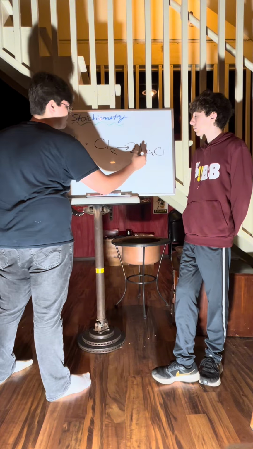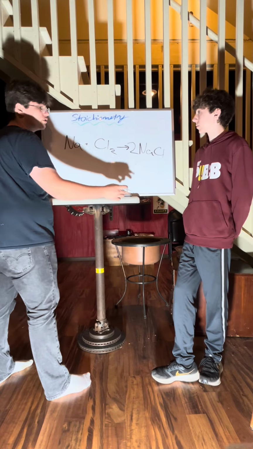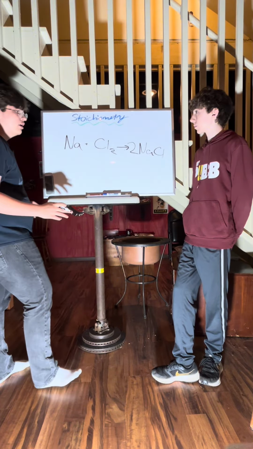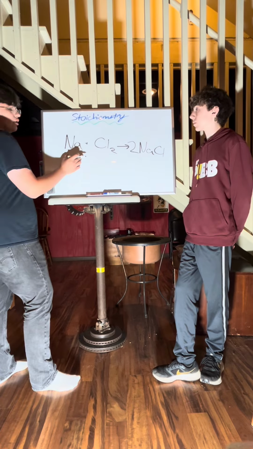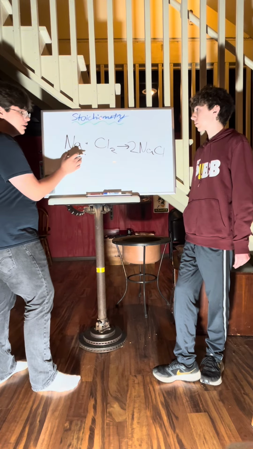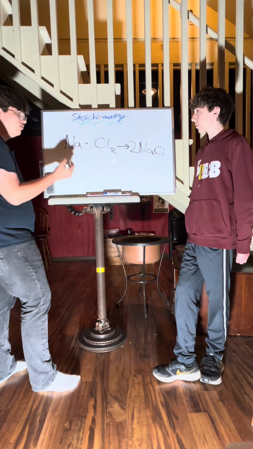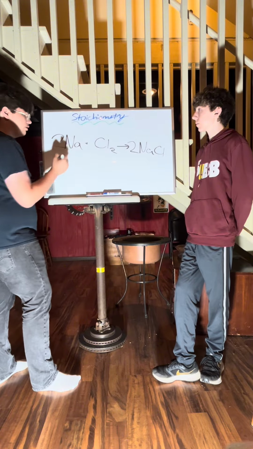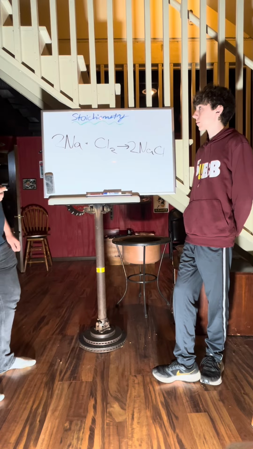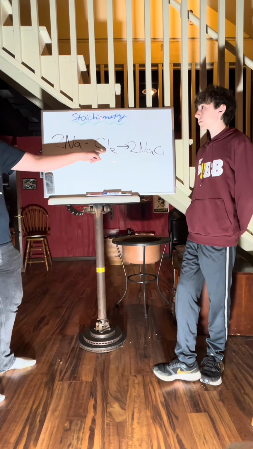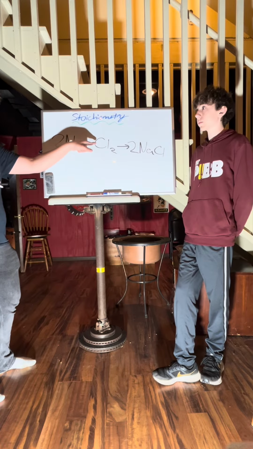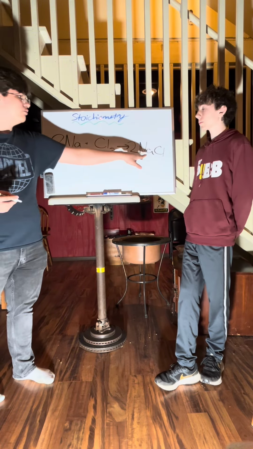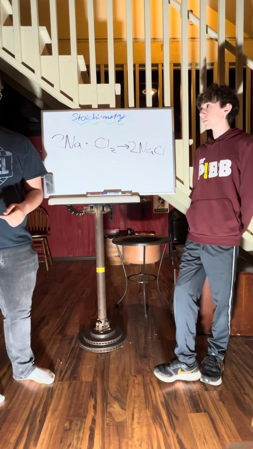So we're going to end up with 2 moles of NaCl. But now the sodium doesn't match up because we have 1 over here and 2 over here. So start with 2 moles of sodium, and that comes together with 1 mole of chlorine gas, which remember contains 2 chlorines, to form 2 moles of table salt.